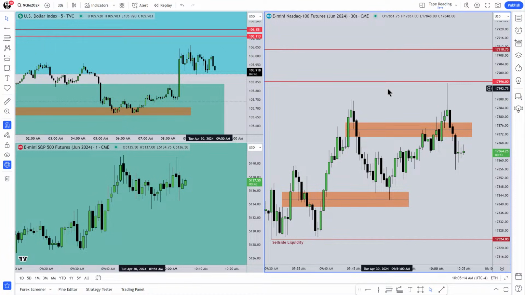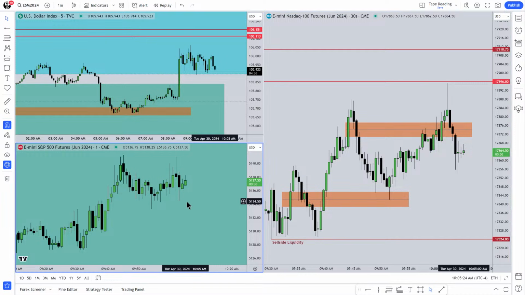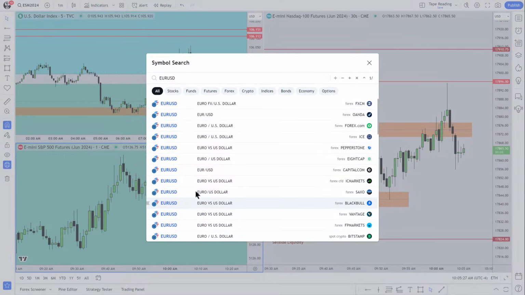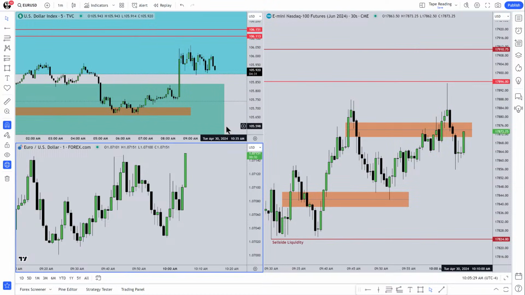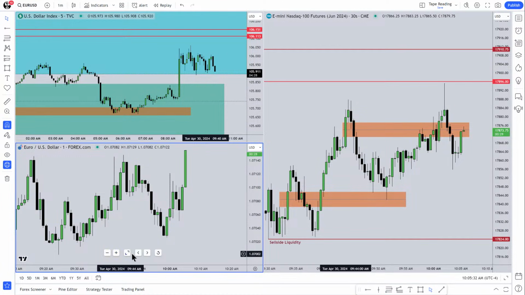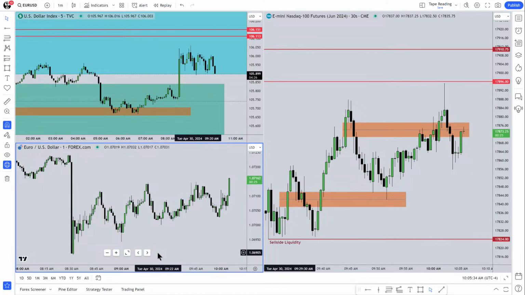Look at S&P. Yeah, it looks like trash. At the peak at euro. Cable.